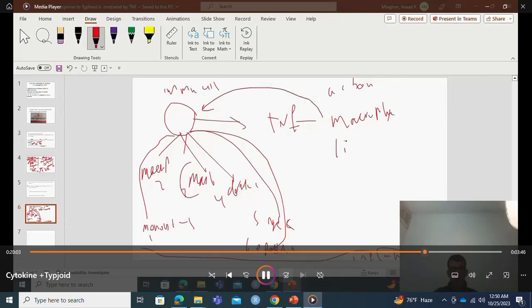Non-immune cells include the liver, hypothalamus, and extra tumors. After they are activated, they use TNF. TNF acts systemically on the body. It's called the inflammatory effect.